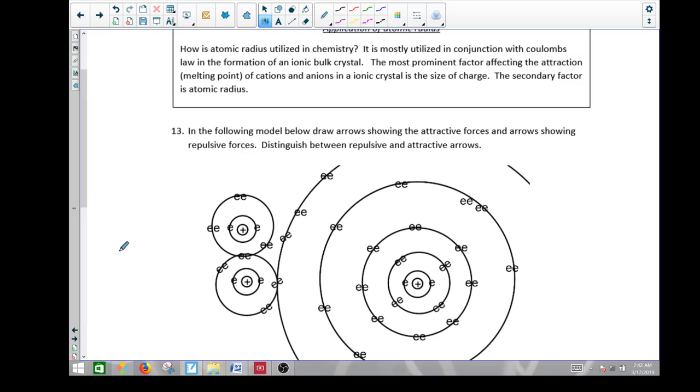So they're saying that whenever we want to look at the melting point of ionic compounds, we're using Coulomb's law to sort of justify that. So force of attraction is equal to the charge of a positive, charge of a negative divided by d squared.